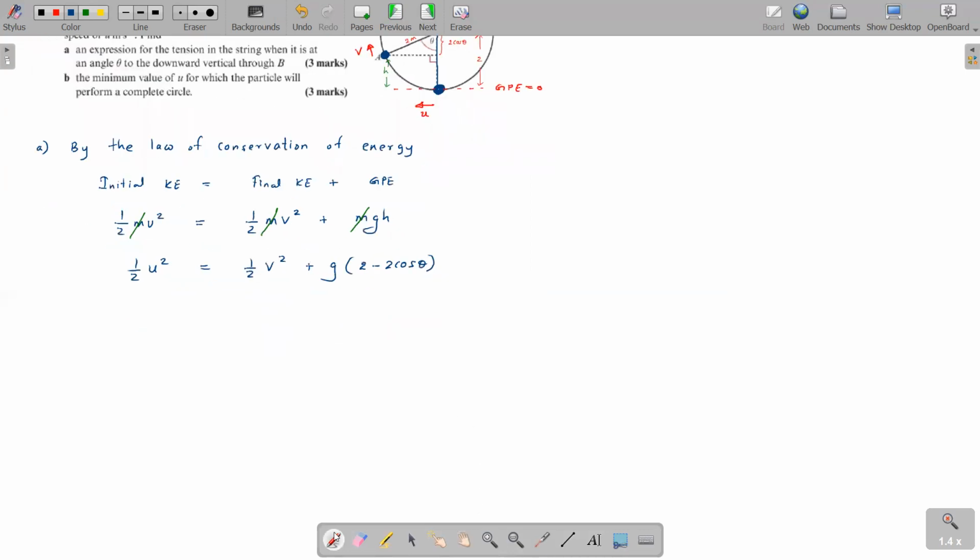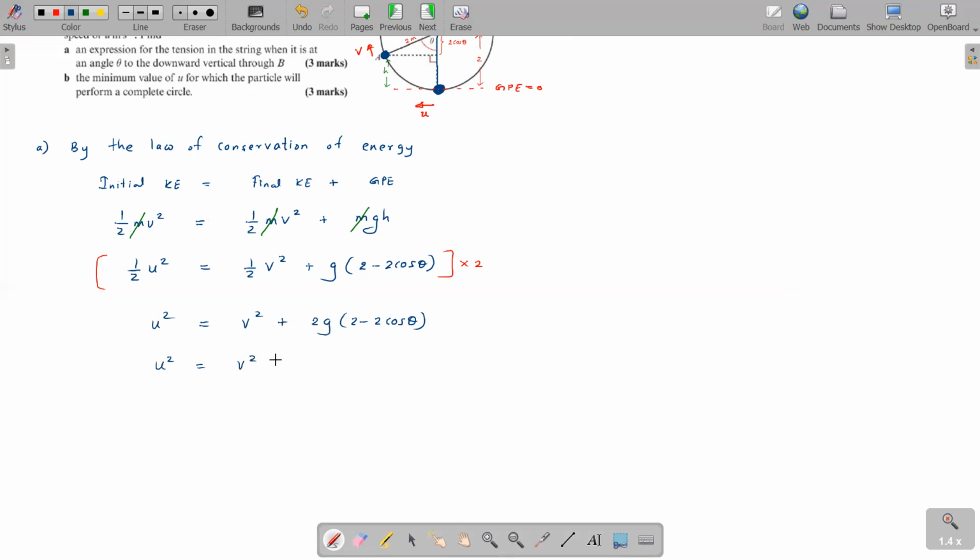Then I'll make v square the subject, because I want to first find the speed at this point. I'll multiply the whole equation by 2 to get rid of the half. So I get u square equals v square plus 2g times 2 minus 2 cos theta.